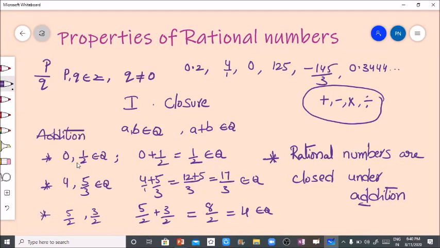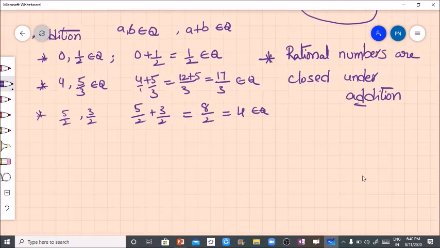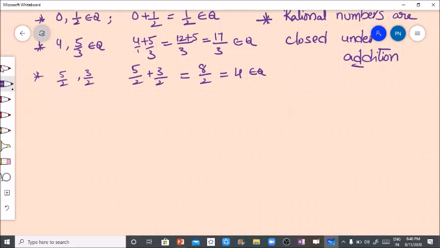Let us check about subtraction. Closure property in subtraction. So let's check. I am taking two rational numbers, 5 by 2 and 3 by 2. These are two rational numbers.